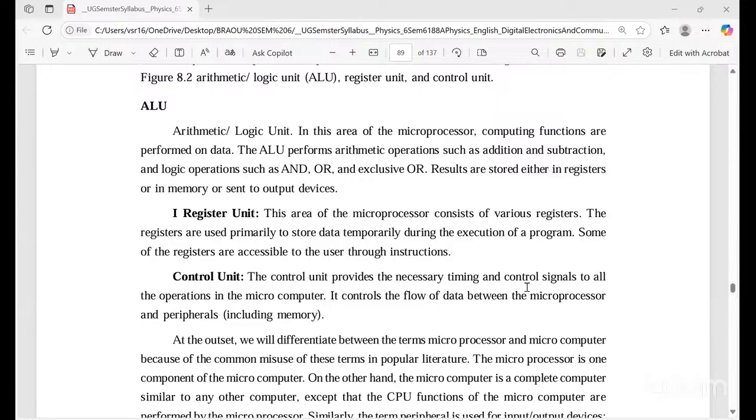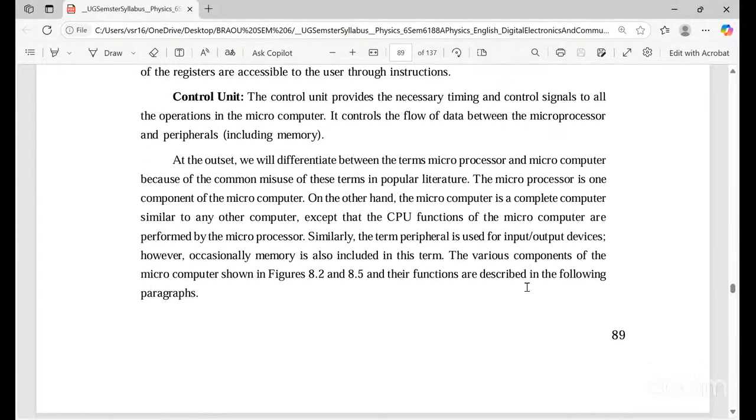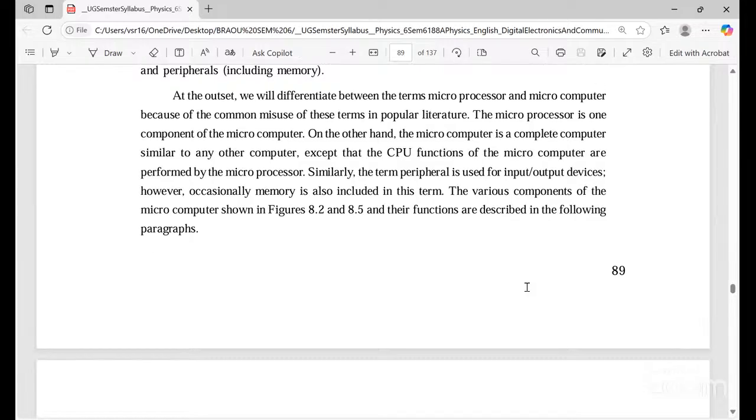On the other hand, the microcomputer is a complete computer, similar to any other computer, except that the CPU functions of the microcomputer are performed by the microprocessor. The peripherals are used for input and output devices. Occasionally, memory is also included in this. These are the various components of the microcomputer, which we are going to describe here.